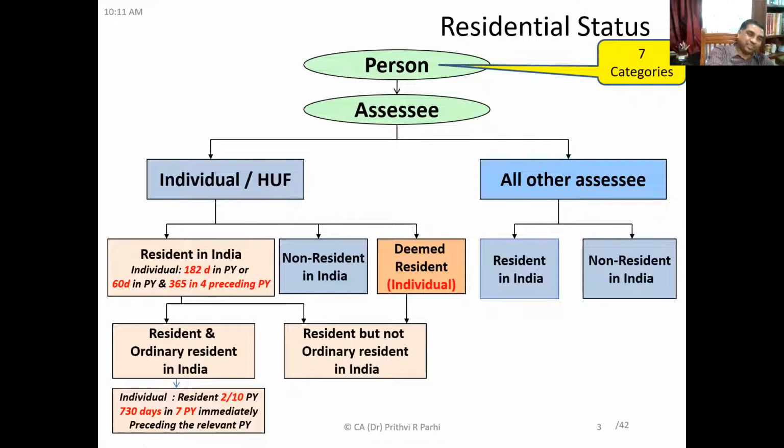Stop there. But if it is satisfied, then only you have to see ROR or RNOR. Who is an ROR? Then 2 by 10, that means resident in 2 previous years in the prior 10 previous years, and 730 days in 7 previous years immediately preceding the relevant previous year. So this is how you can test it.